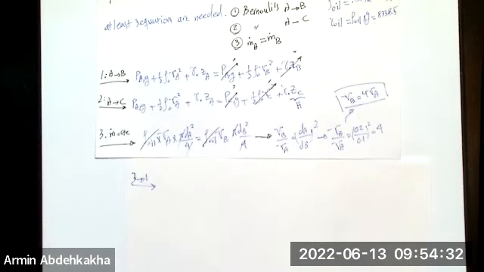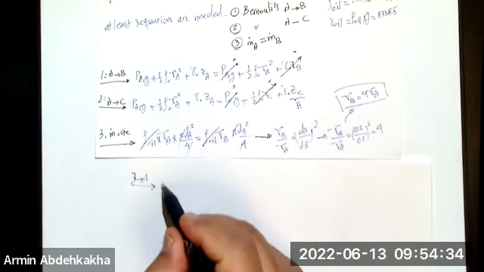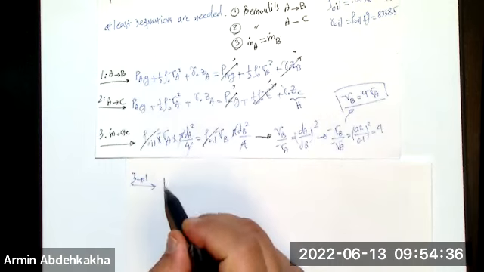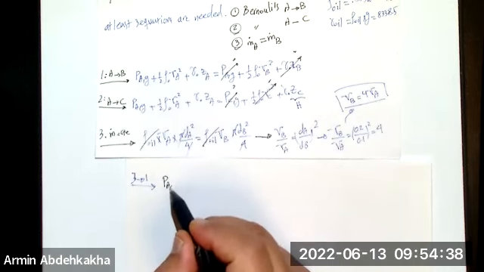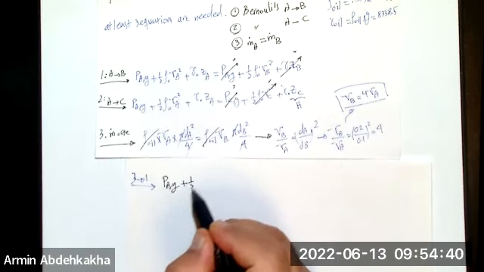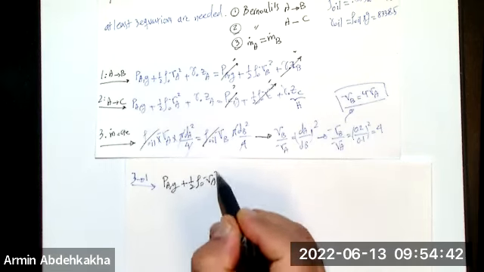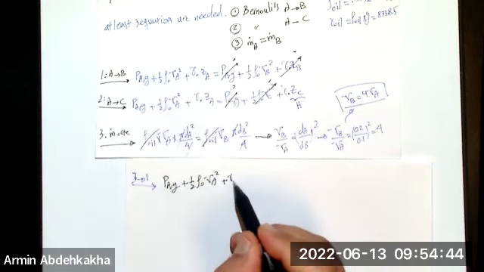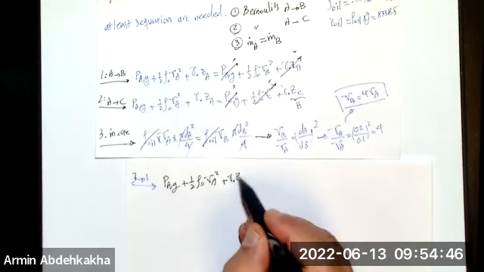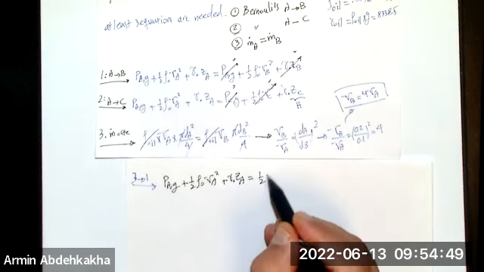Okay, so if I plug in equation 3 into 2, then P_A gauge plus 1/2 rho V_A squared plus gamma oil Z_A is equal to 1/2 rho, instead of V_B, I put 4 V_A squared.